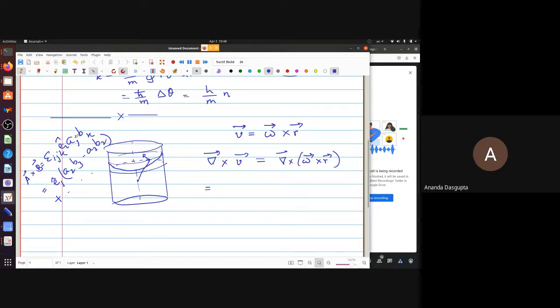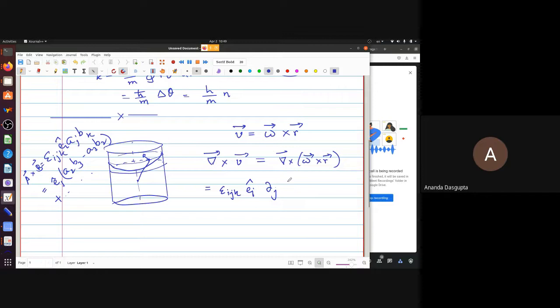If you're not, tell me. Okay, so then curl basically goes the same way. It will be epsilon ijk e_i del_j, that's the jth component of the curl vector operator, times omega cross r's kth component.